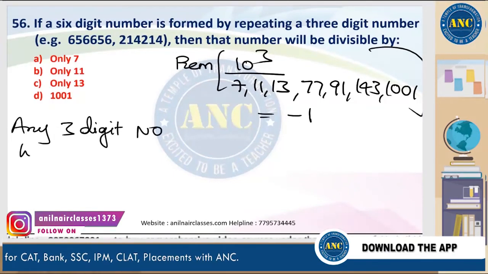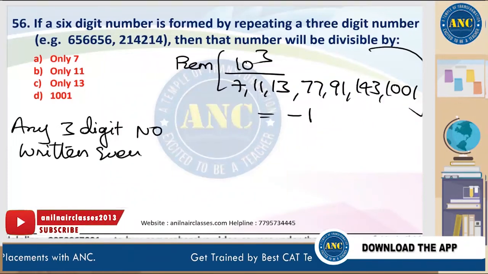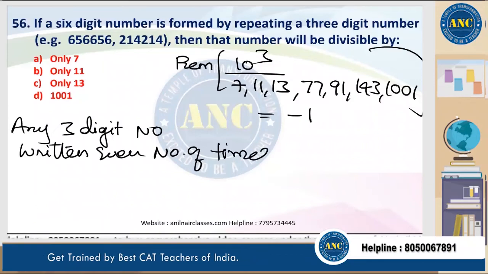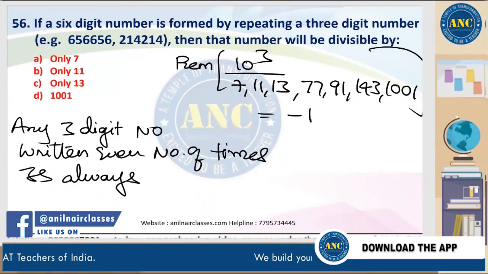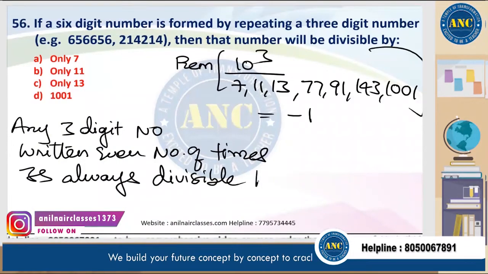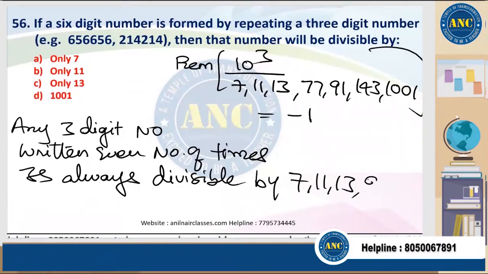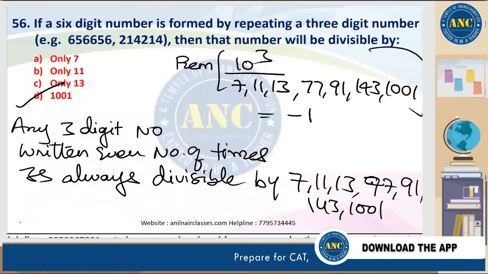Any 3-digit number written even number of times is always divisible by 7, 11, 13 and their multiples: 77, 91, 143, 1001. So the answer is 1001.